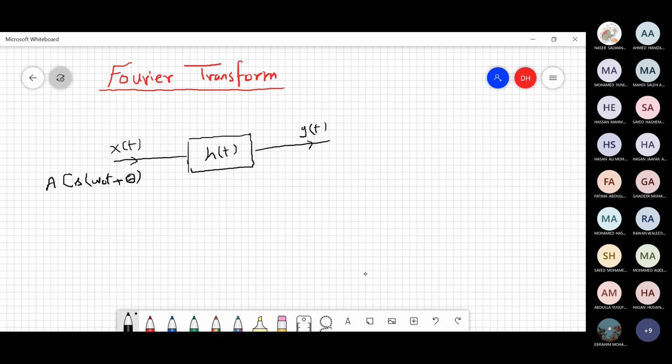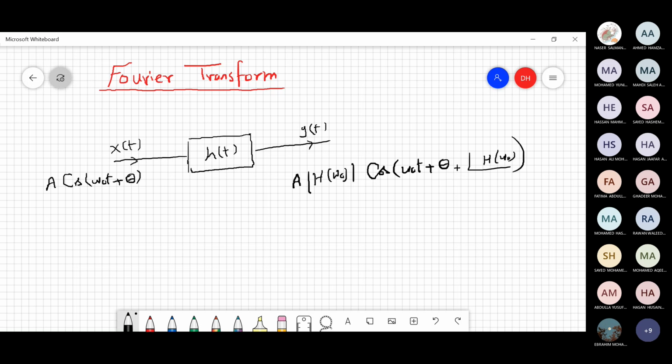So the output here is equal to A multiplied by the magnitude of H at omega naught, multiplied by cosine omega naught t plus theta plus the angle of H of omega naught.